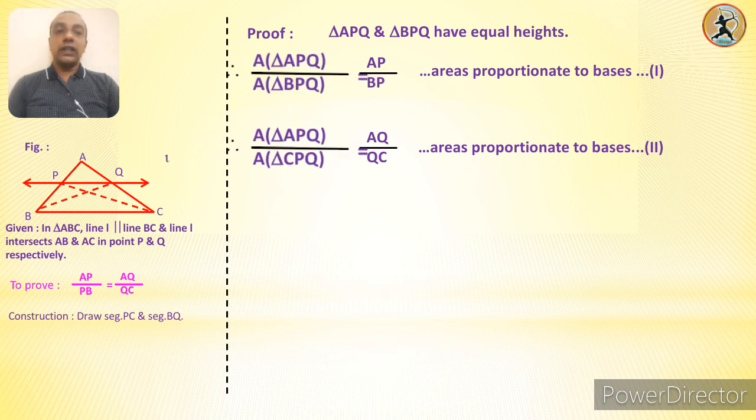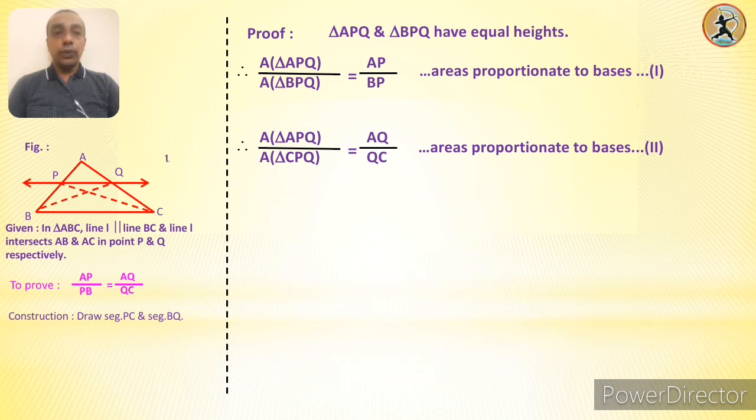There the numerator is common, that is area of triangle APQ and area of triangle APQ. It means to prove that the left hand sides are equal, we just have to prove that the denominators are equal. What is the denominator? Area of triangle BPQ and area of triangle CPQ.